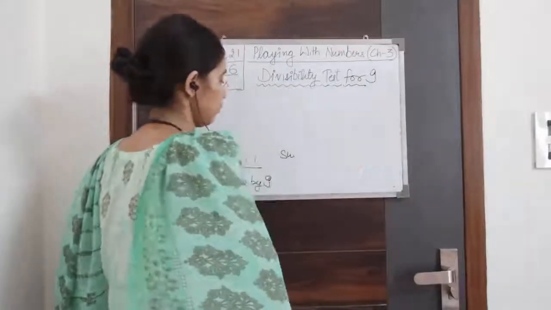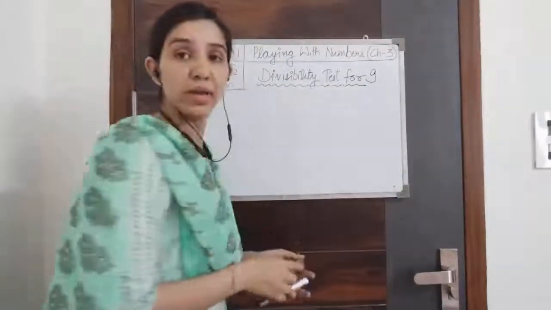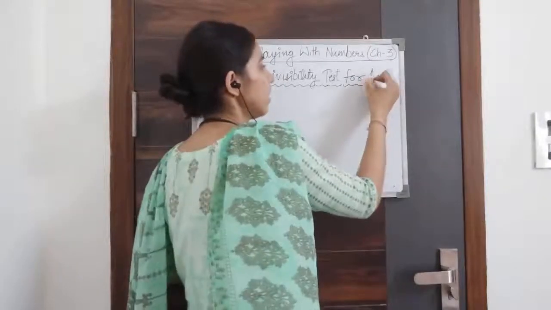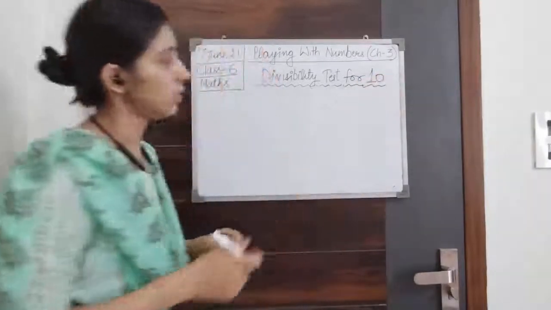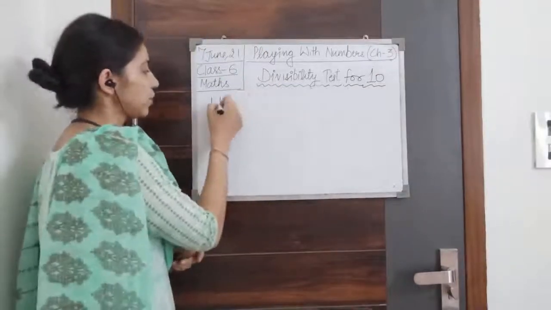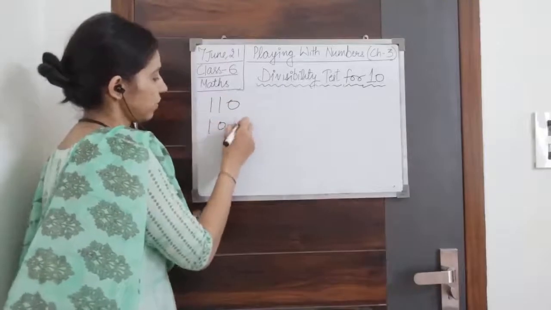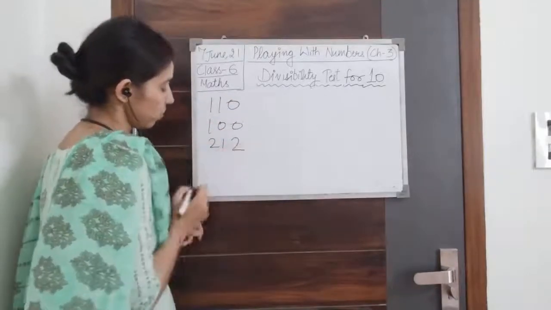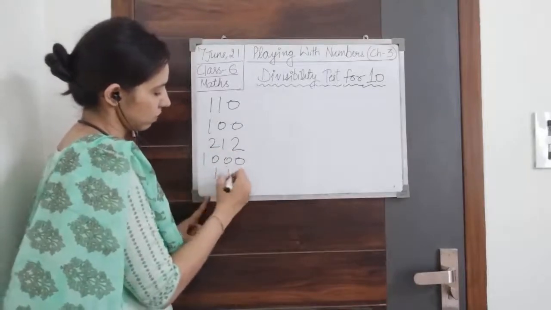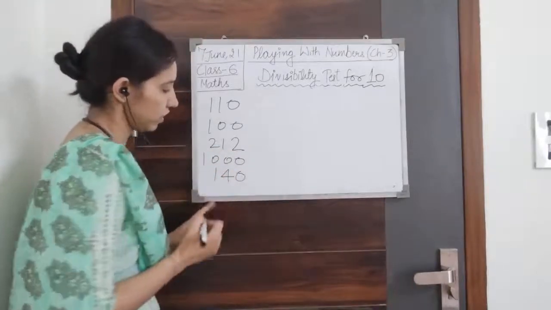First is for 10 and then for 11. 10 is quite easy. You can easily tell if a number is divisible by 10 or not. I will write some numbers. Suppose 110, 100, 212, 1000, 1114.